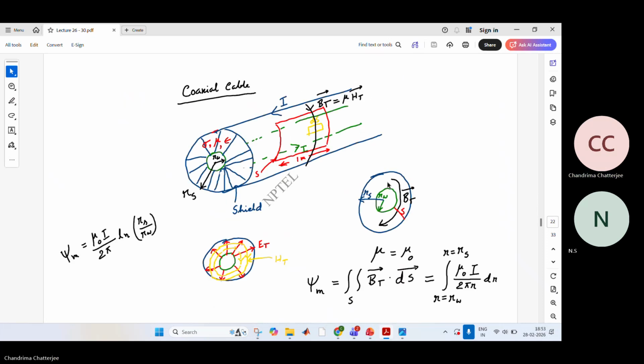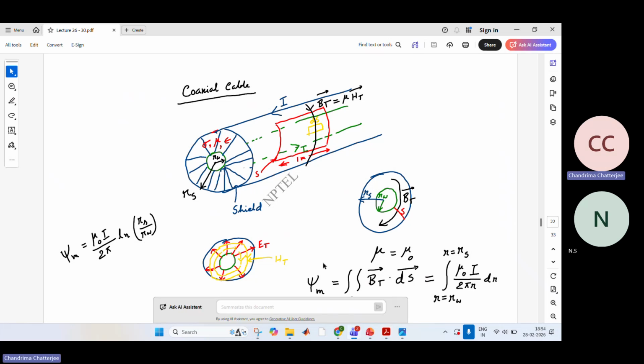So this is the coaxial cable, where this is the inner conductor, in between there is a shield, and this is the outer conductor. This is Rw, the inner conductor radius, and Rs is the radius of the shield.